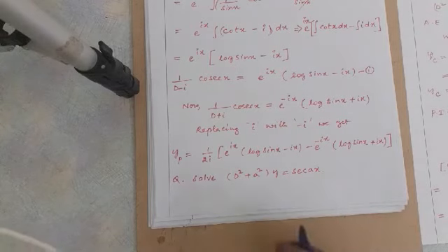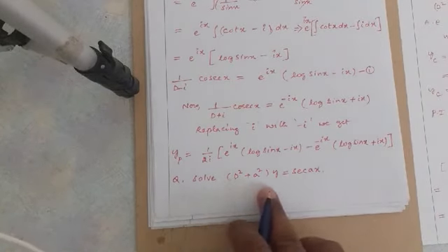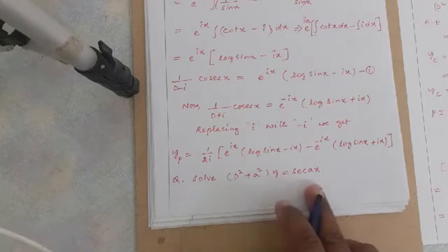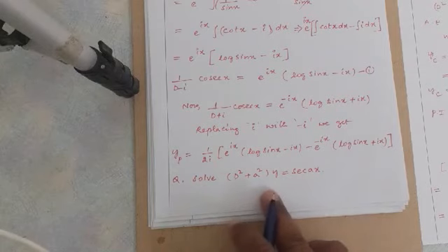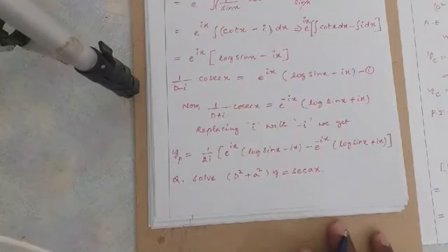The problem is: solve D square plus a square into y equals secant ax. You have to do this problem the same way which I have done just now.